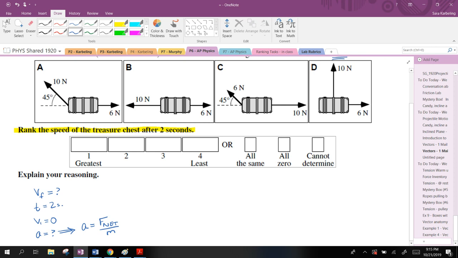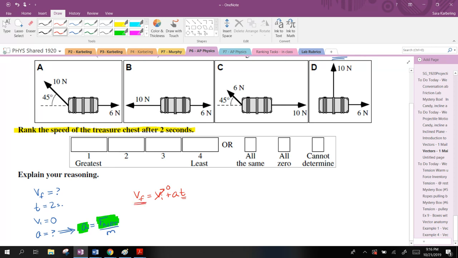Now, these don't give the mass, but my argument is that if I can find the net force, and the net force is bigger, that would mean the acceleration was bigger. And given what I know about final velocity, that it equals initial velocity plus acceleration times time, if the initial velocities are all 0 and the times are all the same, the bigger the acceleration, the bigger the final velocity.